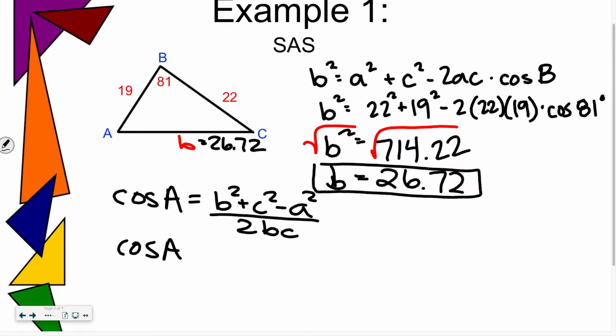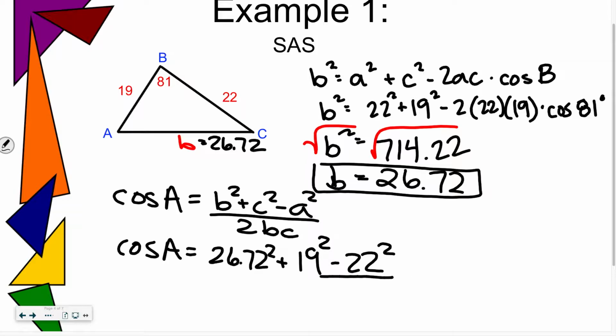So cosine A equals 26.72 squared, which we know is 714.22, plus 19 squared minus 22 squared, all over 2 times 26.72 times 19.